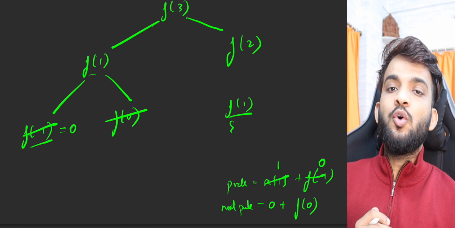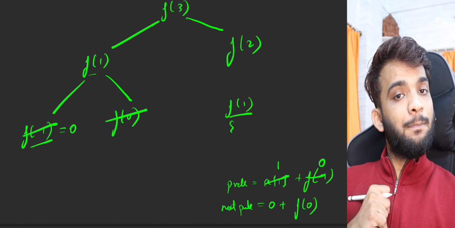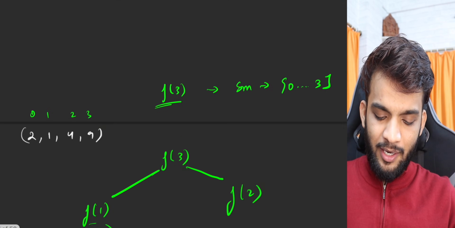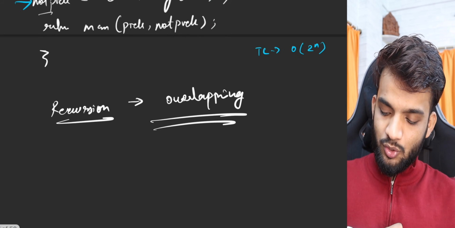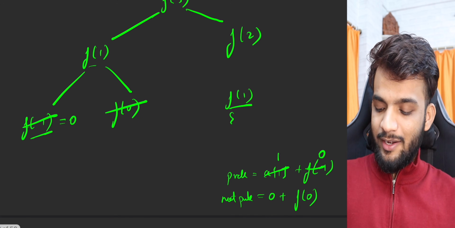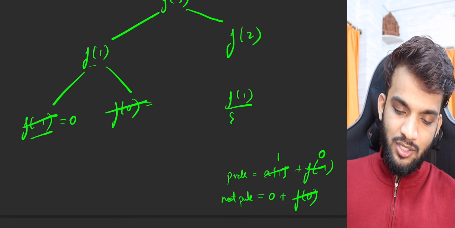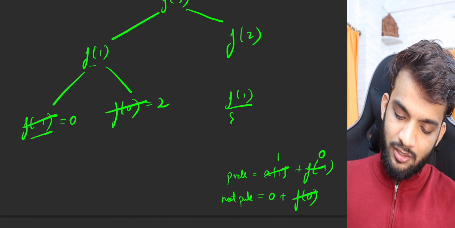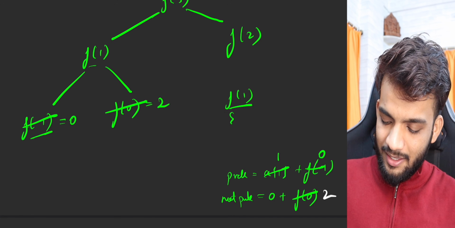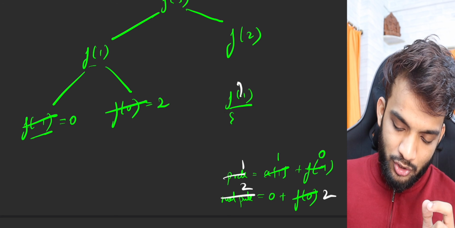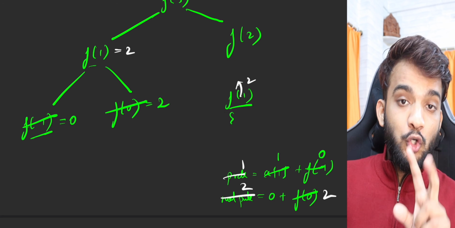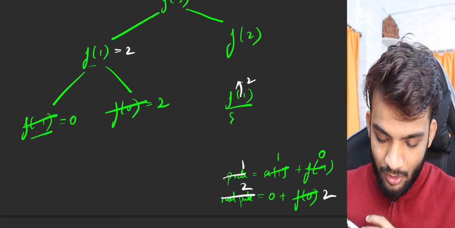Whenever you reach f of 0, you're going to pick that element up, because at f of 0 you returned the array of index. So the first element was 2, so you can return it. So this will be 2. Now the pick gives you 1, the not pick gives you 2, which is the maximum. So f of 1 will be 2.